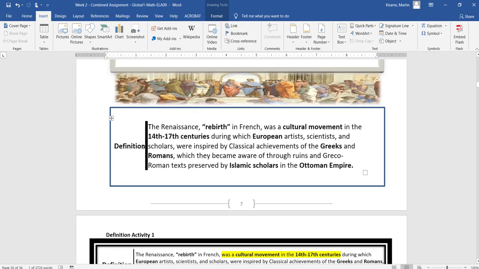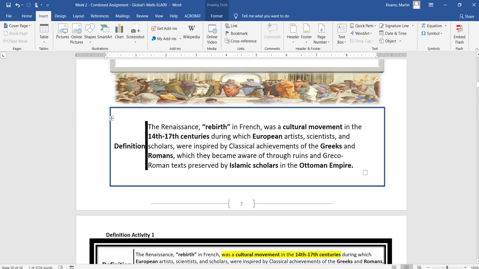So the definition of the Renaissance is rebirth in French, a cultural movement in the 14th and 17th centuries during which European artists, scientists, and scholars were inspired by classical achievements of the Greeks and Romans, which they became aware of through the ruins of the Greco-Roman texts preserved by Islamic scholars in the Ottoman Empire.